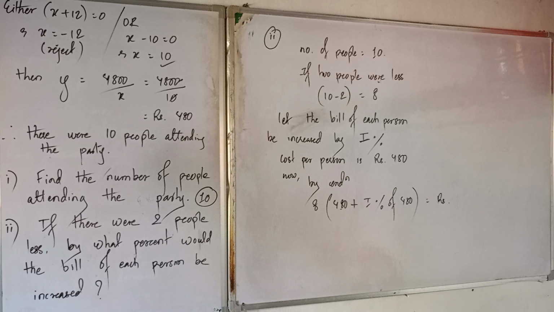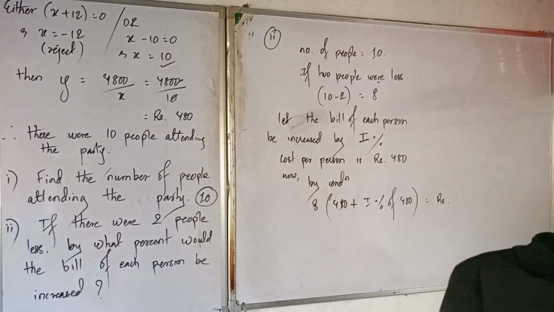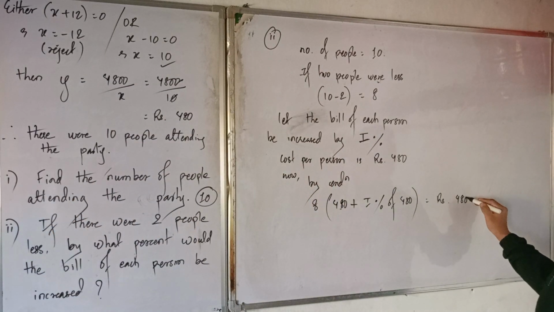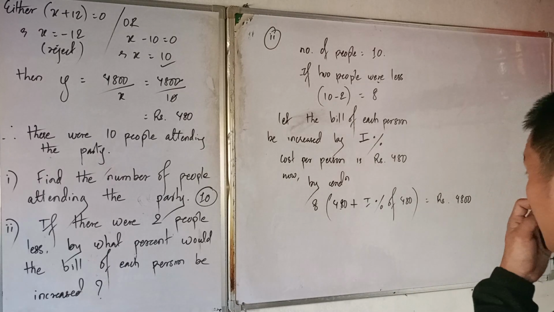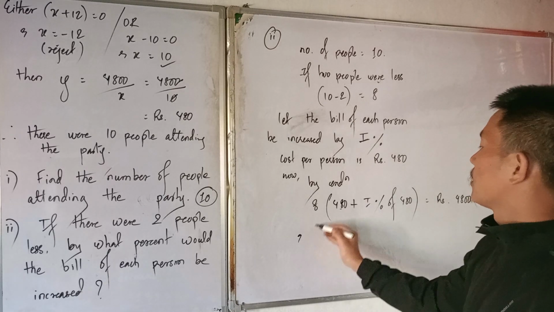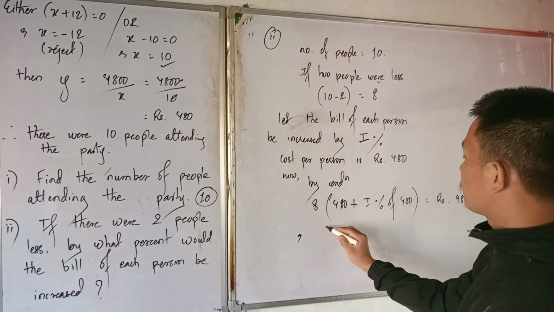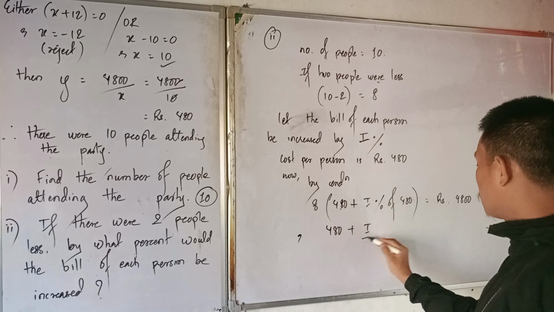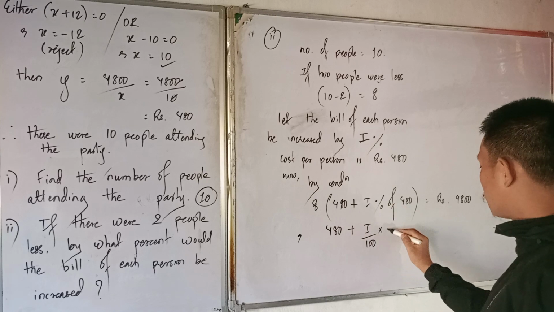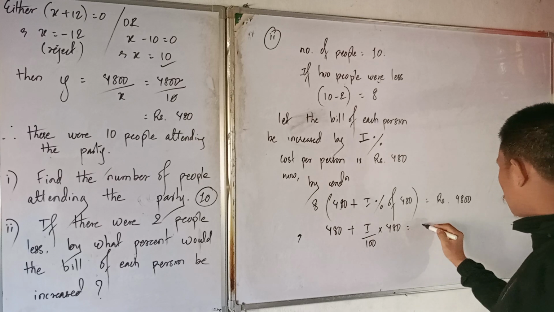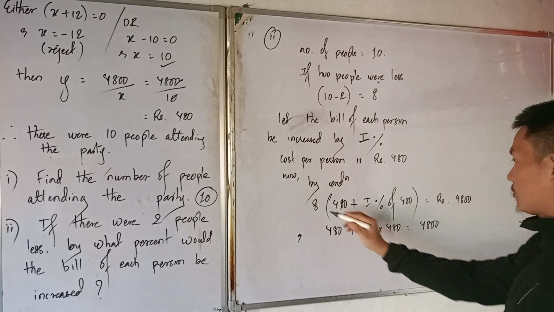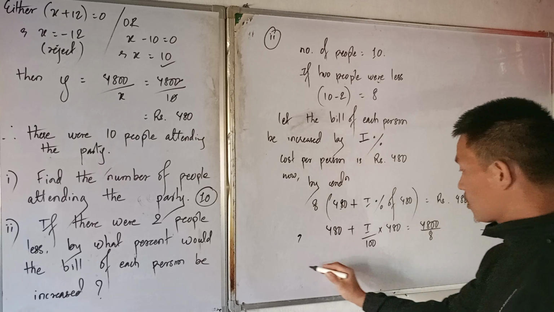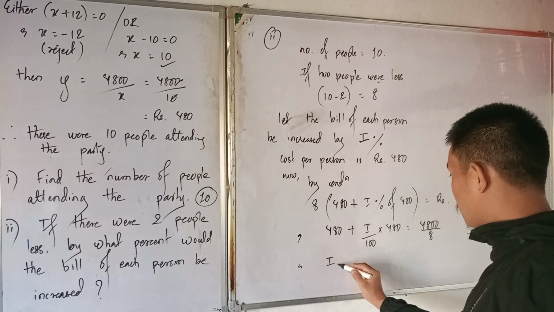The initial cost was 4800. Now this 8 goes to the denominator on the other side. 480 plus i, remove this percent, you have to put 100 in the denominator. 480 is equal to 4800 over 8. Okay, now i by 100.